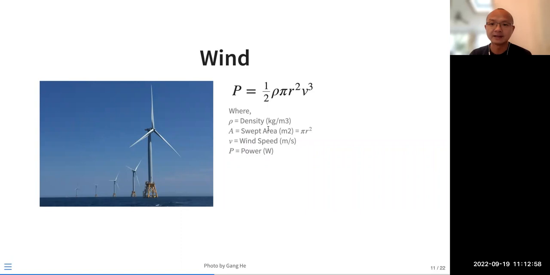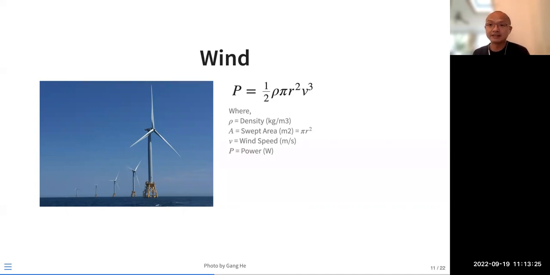And the sweeping area, that's the area of the turbine, and we know it's pi times the rotor radius squared.